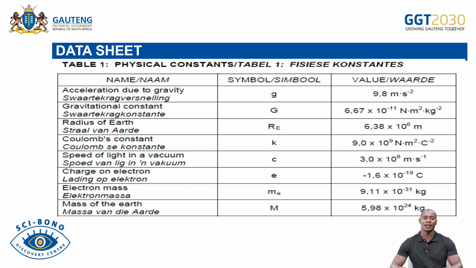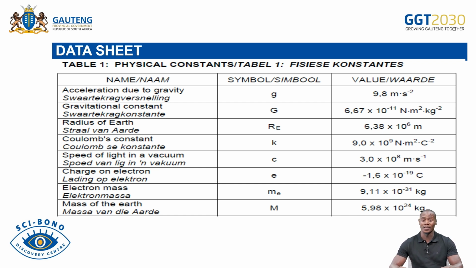Learners, this is our important data sheet, where we have all the constants. So familiarize yourself with it. Your acceleration due to gravity, which we have been dealing with even before when we calculate the magnitude of the gravitational force, or the weight, which is given by mg.